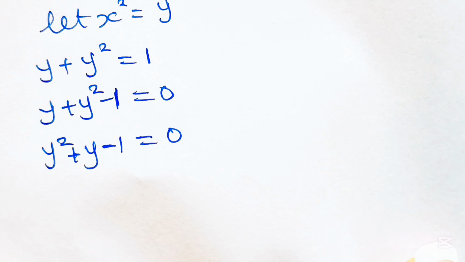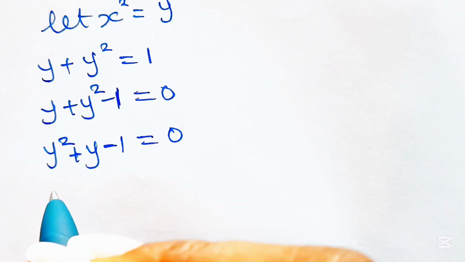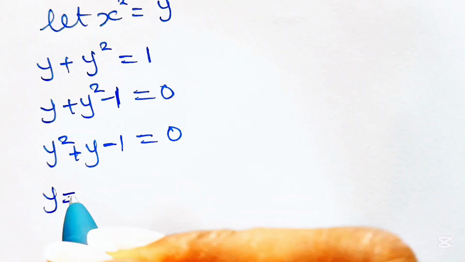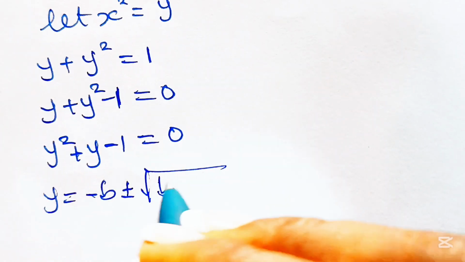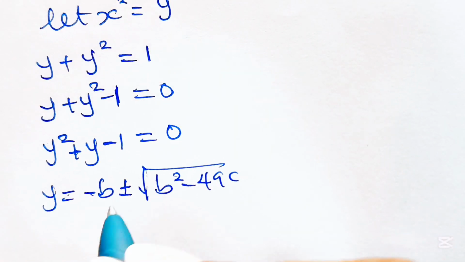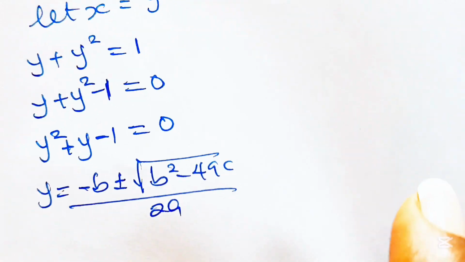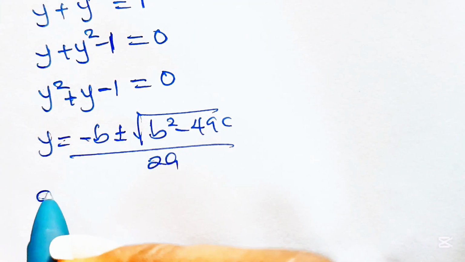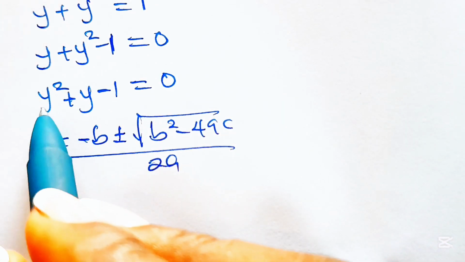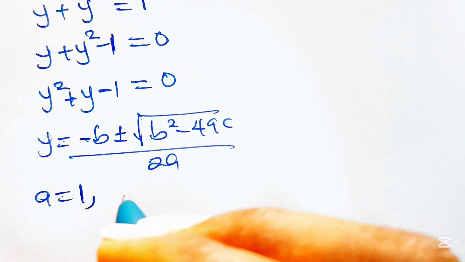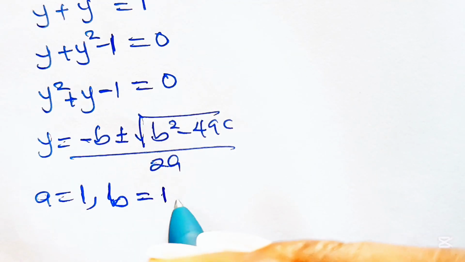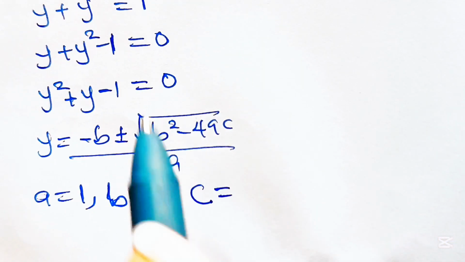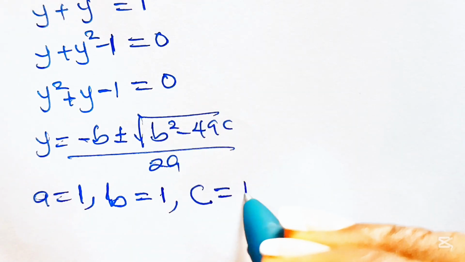The quadratic equation formula states that y will be equal to minus b plus or minus the square root of b squared minus 4ac, everything divided by 2a. Now our a is equal to the coefficient of y squared, which is 1, b is equal to the coefficient of y, which is 1, and our c is our constant, which is minus 1.